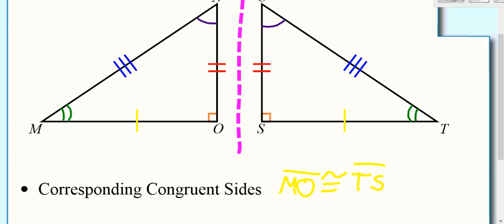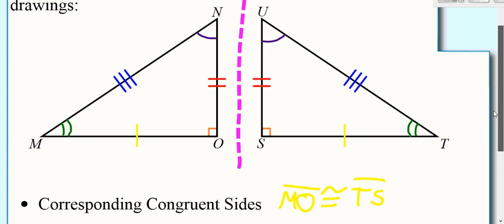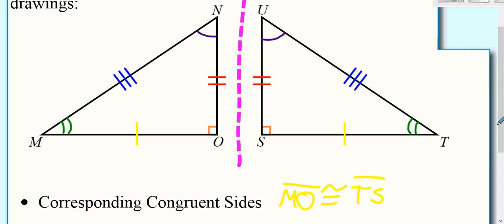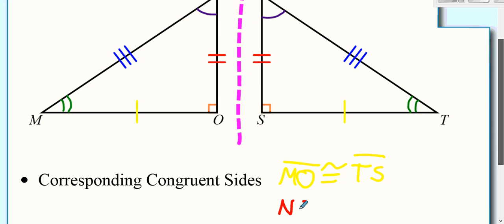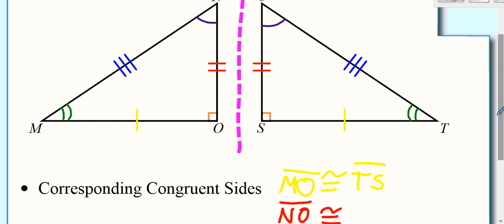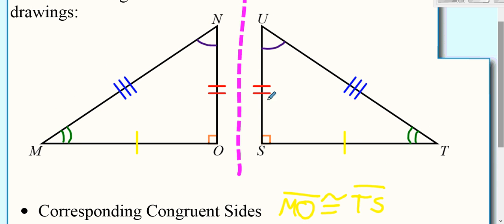Then you can do the next side. That was 1 tick mark. Let's move on to the red 2 tick marks. That is side NO. And that's got to go in the same order. Since we did NO top to bottom, we have to do the same thing, top to bottom, US.